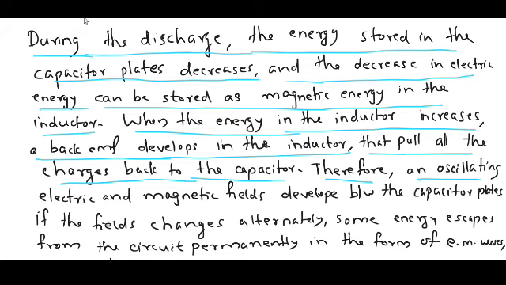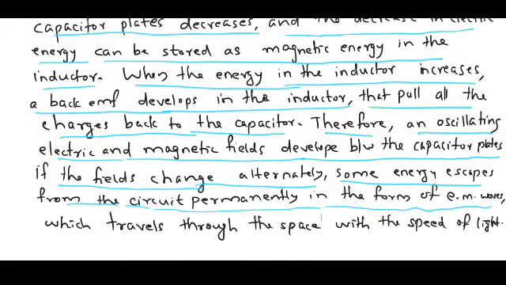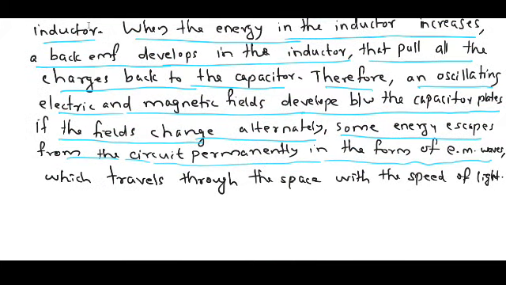Therefore, oscillating electric and magnetic fields develop between the capacitor plates. If the fields change alternately, some energy escapes from the circuit permanently in the form of electromagnetic waves. That electromagnetic wave travels through the space with the speed of light.